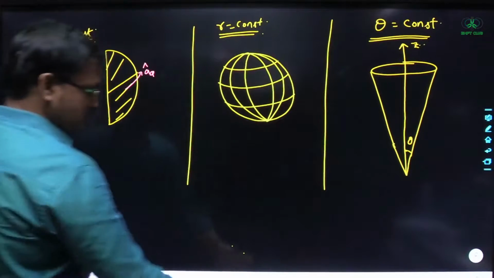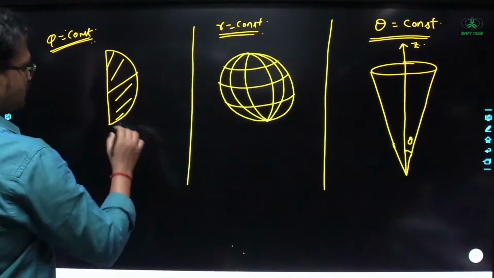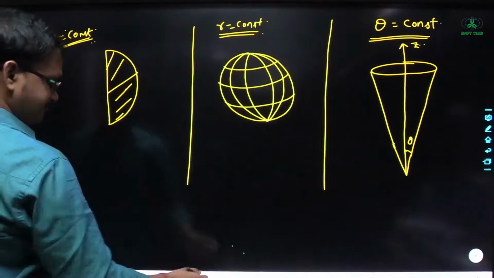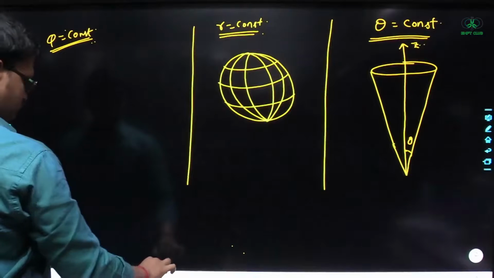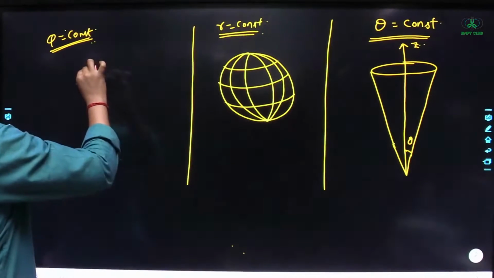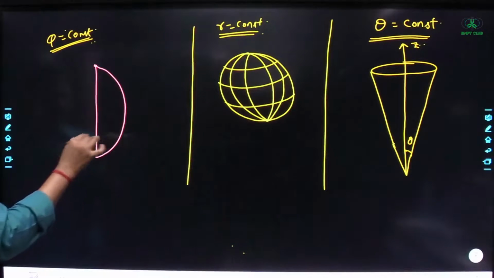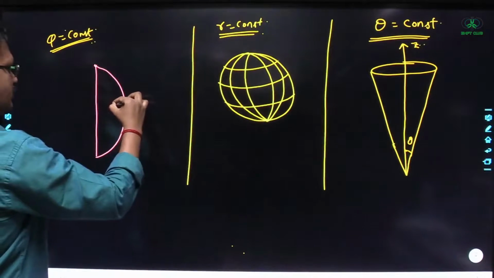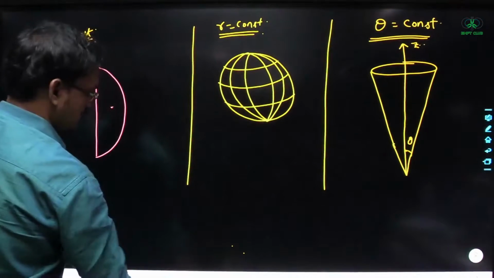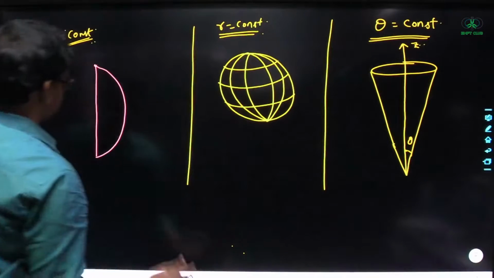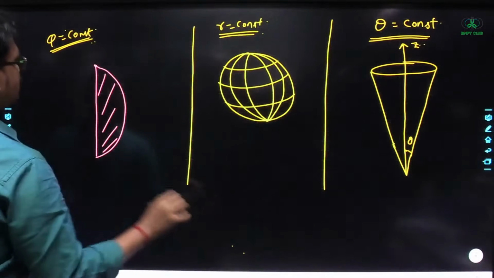How can I represent phi cap here? If I consider this as the semicircle, its direction is the phi cap direction.